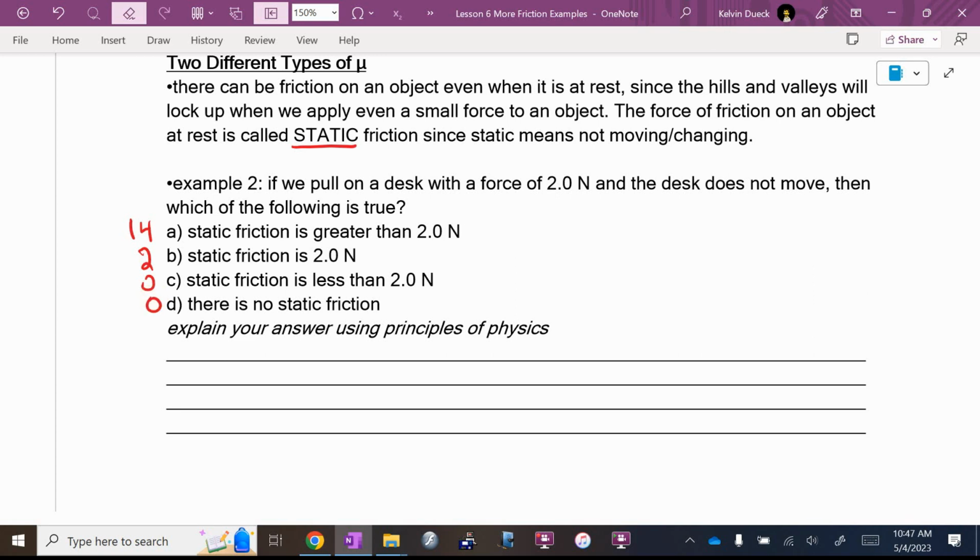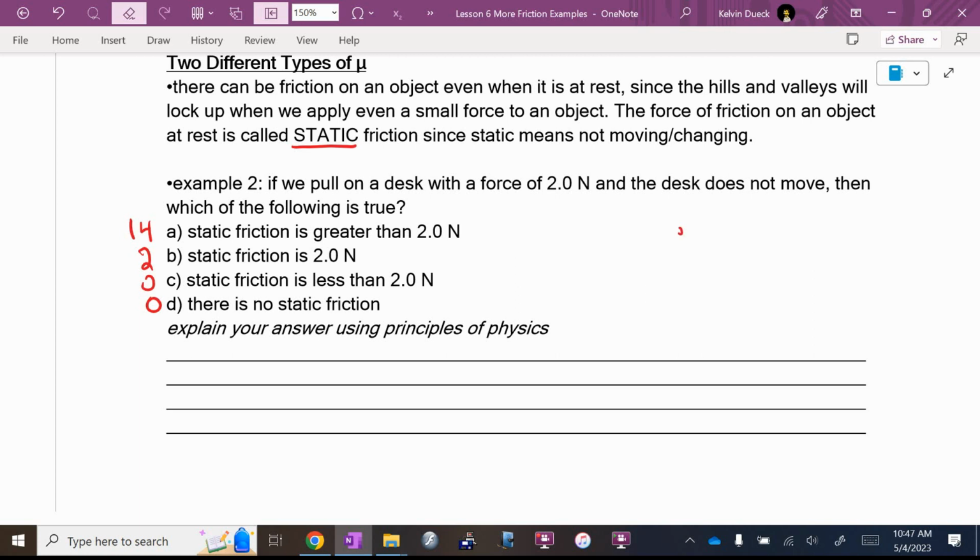Convince me. Yeah. Which one are you defending? Okay. What's your argument? Okay. But now we're starting out stopped.